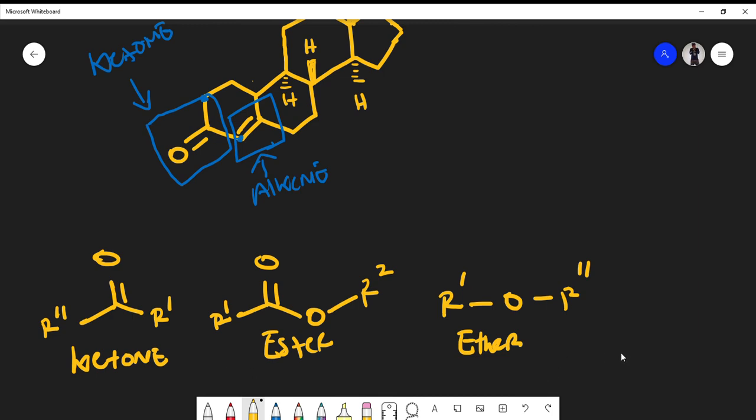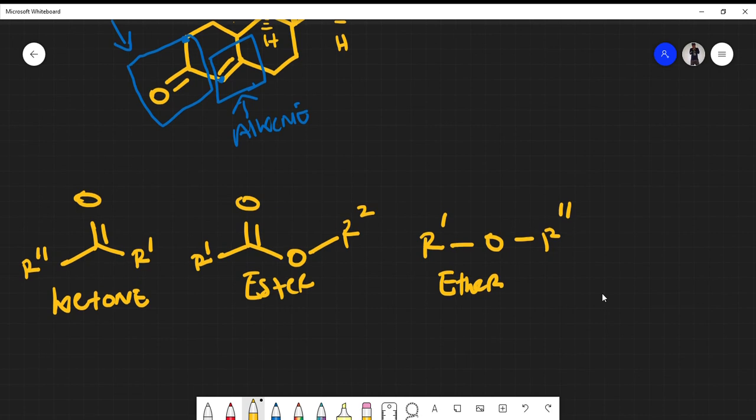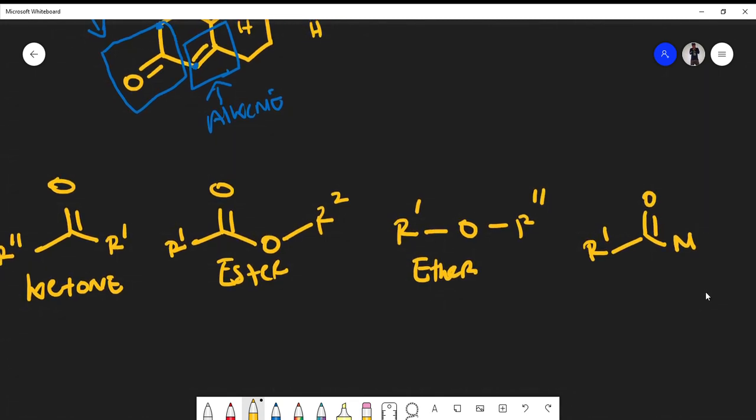Again, we also have, say, an R group, a double bonded oxygen close to a nitrogen, and the nitrogen can be in the form of NH or NH2. Again, this is what we classify as an amide.